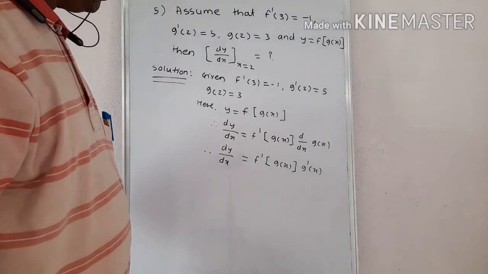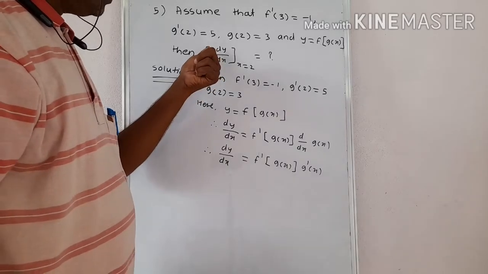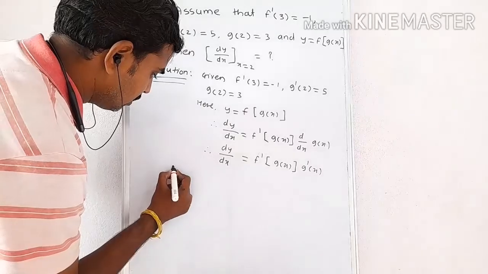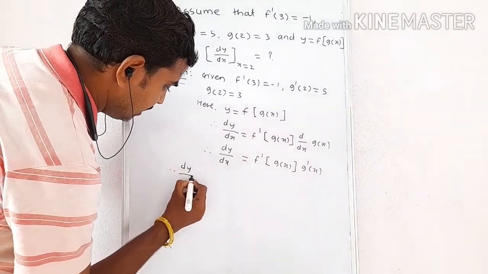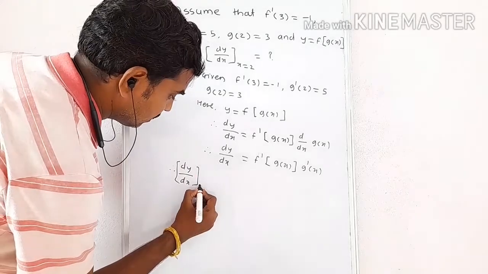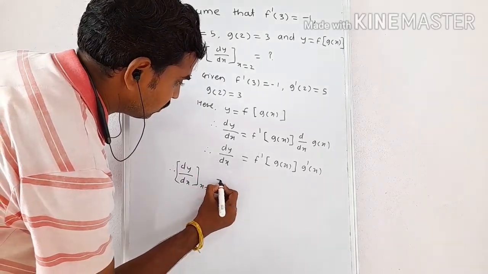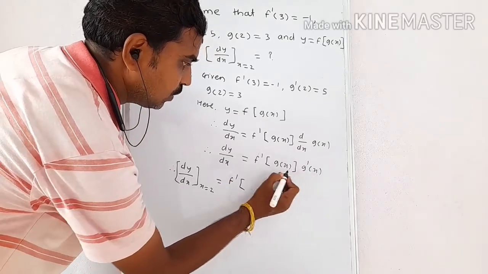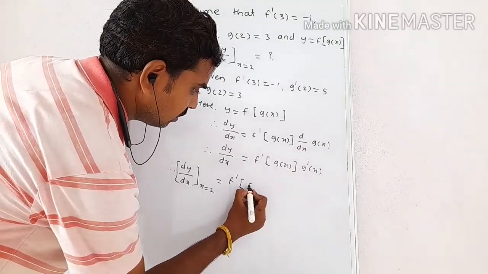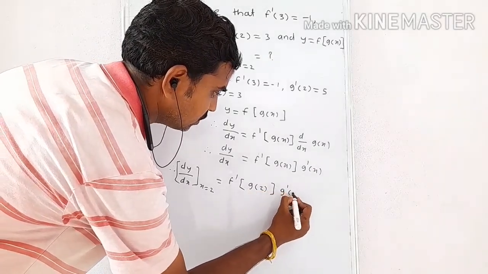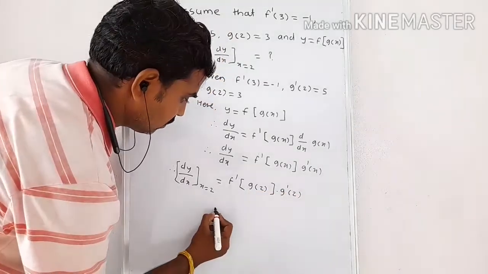Now, which value do we want to calculate? We want to calculate the value of dy by dx at x equal to 2. Therefore, dy by dx when x equals 2 equals f dash of g of 2, replacing x by 2 in this formula, into g dash of 2.